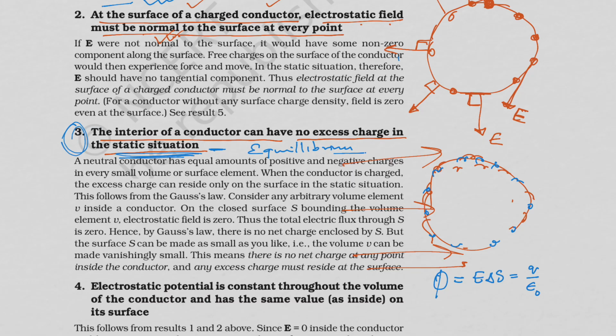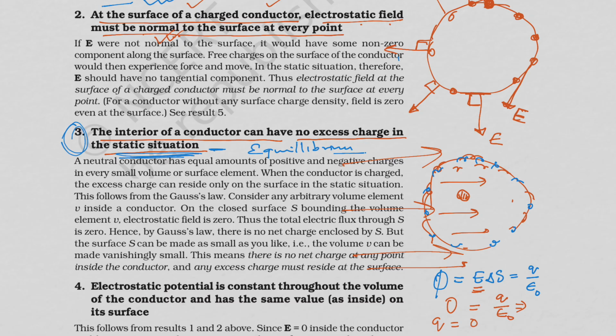So if we take any small surface element inside the conductor and want to know the charge inside it, we know that inside the conductor the electric field is zero. We have already proved it in the first result. It simply means that here E is 0, so the whole electric flux is 0, and this implies that the charge inside is also 0. So that is Gauss's law.